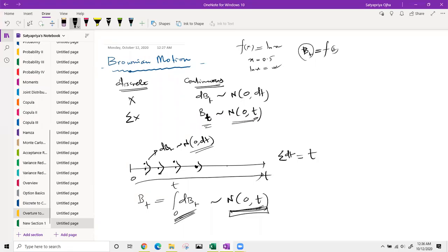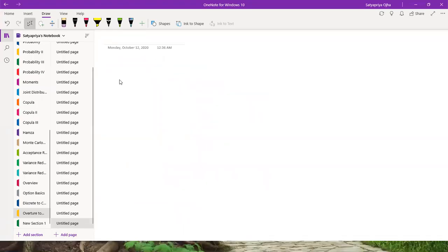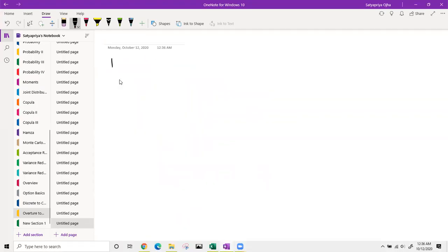Again, let's talk about the properties of Brownian motion. First, we always assume that B0 equals 0.